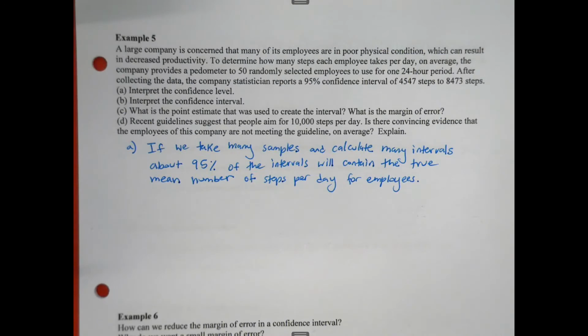In our zombie example, we were using proportion. Here we're talking about mean. Notice that you can use either the proportion or the mean and create an interval.